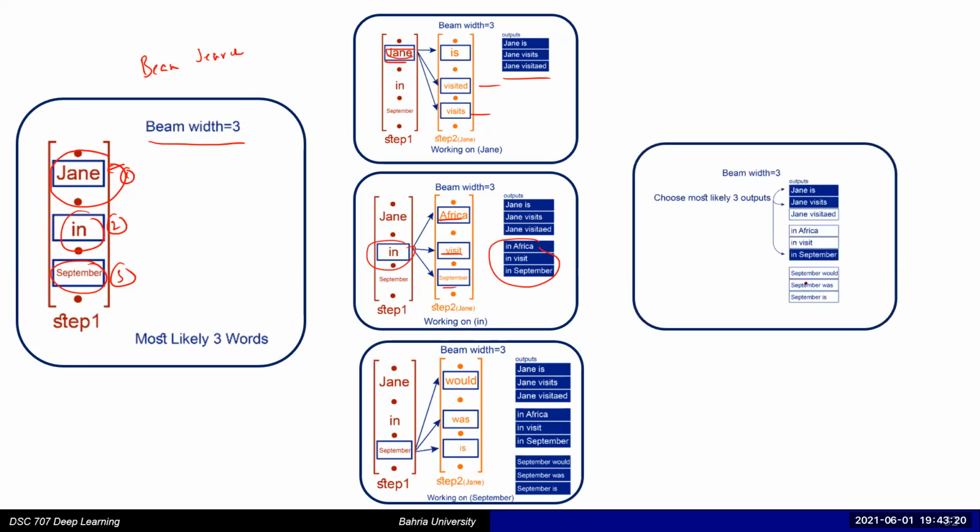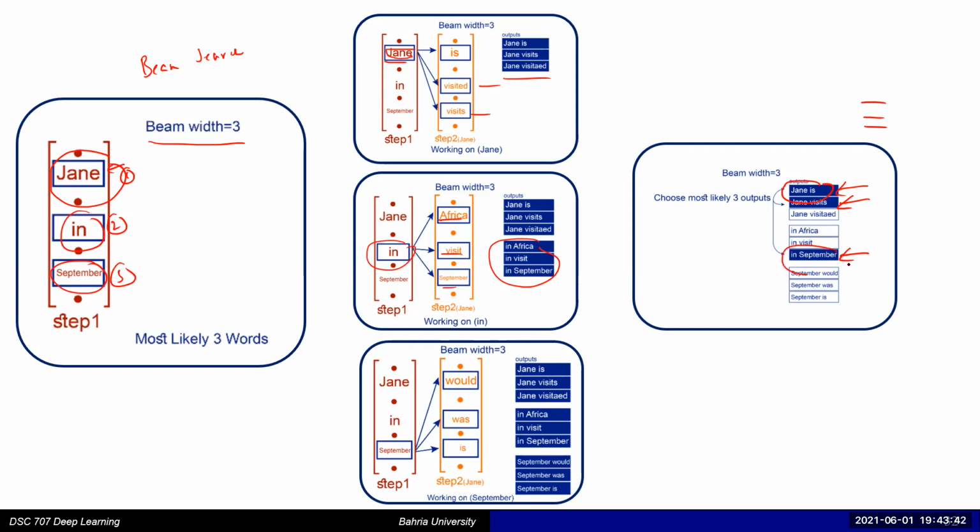Out of these 9, what will you do? Since the beam width was 3, you will pick the 3 combinations which have the highest probabilities, right? Because each of these will have a probability. So you pick 3 words, meaning you will again come to 3. And then you will repeat this process for the third word.